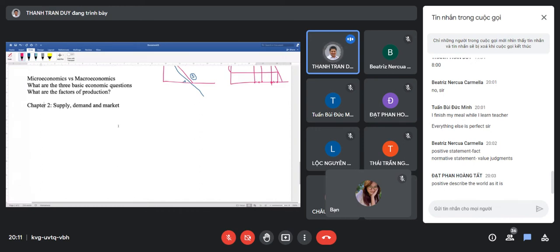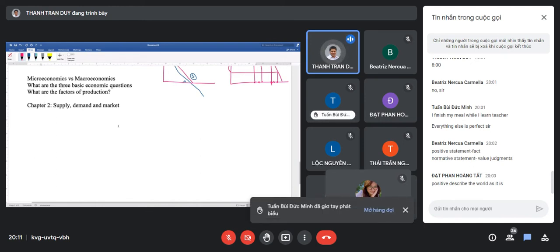In this case, we have to distinguish between change in quantity demanded and change in demand. Again, change in quantity demanded and change in demand. Can anyone tell me the differences between them?